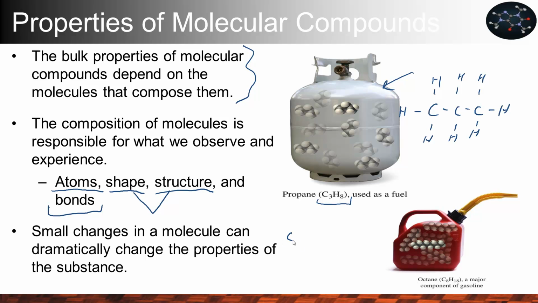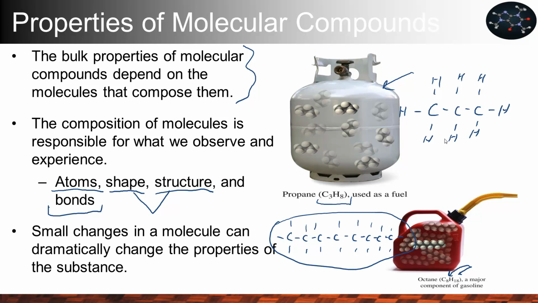Those molecules are actually 8 carbons with hydrogens. I'm not going to draw them in, but I'll draw the lines to them all around the outside. So that gives us a C8H18 molecule, and that's a liquid at room temperature, even though propane is a gas at room temperature. So even though they're both only carbon and hydrogen, one of them being a little bit bigger means that it's going to have different types of properties.